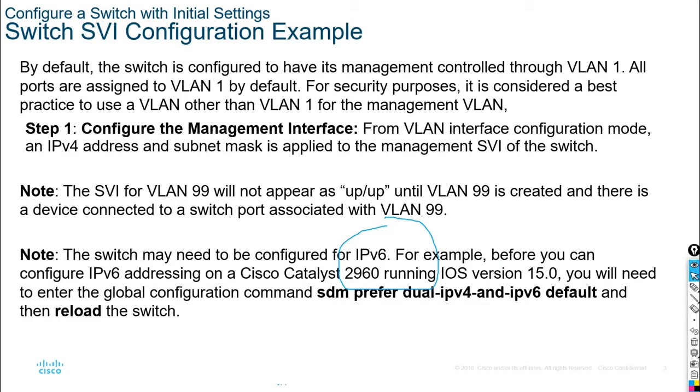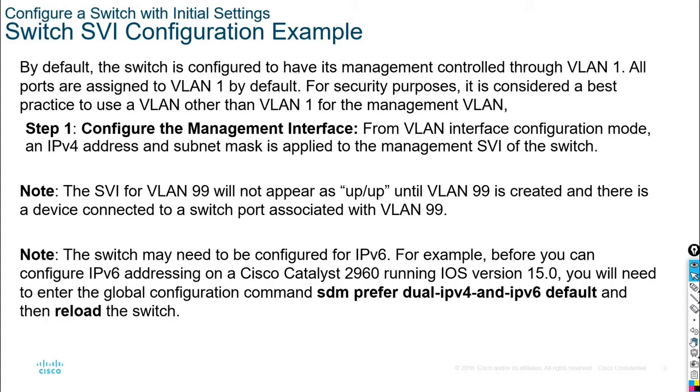So for configuring a switch with initial settings, a switch SVI configuration example is shown. By default, the switch is configured to have its management control through VLAN 1. All ports are assigned to VLAN 1 by default.